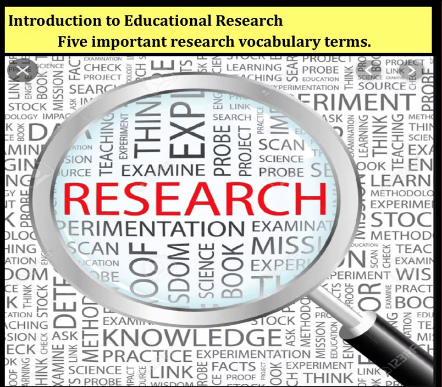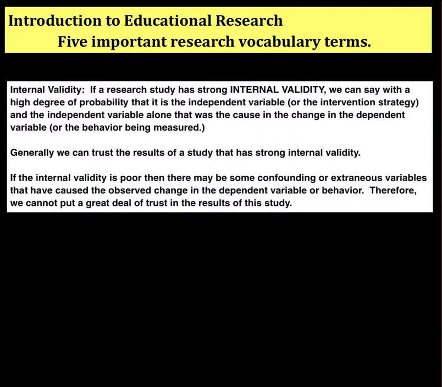Okay, now we're going to take a look at the concepts of validity. For good research to be usable, it has to be valid. And in terms of validity in research, there are two types. There is what is called internal validity.